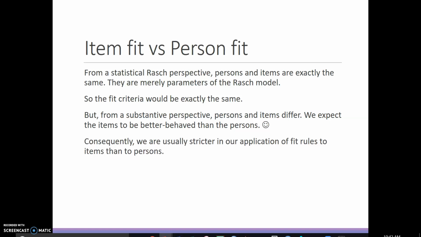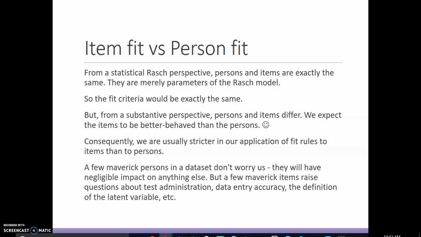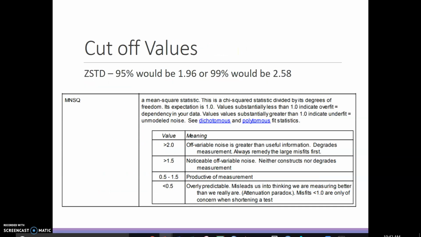We really don't want our items to be wonky or to have differing patterns. We don't want extreme items in our data, whereas a few extreme persons in the data set aren't as big of a deal. A few extreme persons aren't as concerning, but a few extreme items can have a much bigger impact.